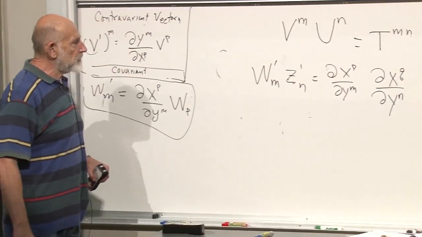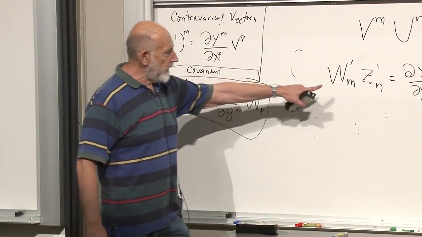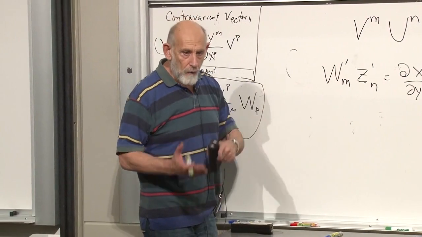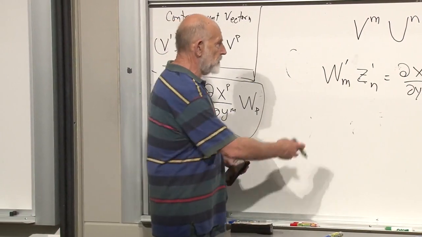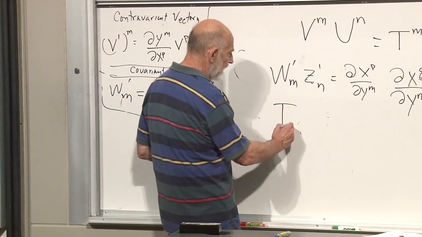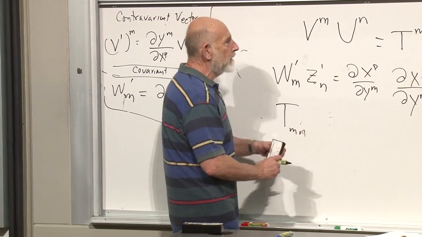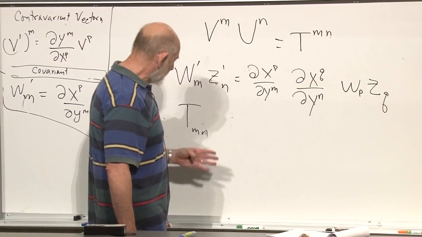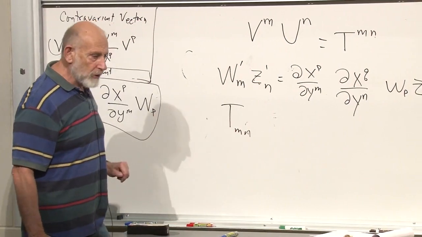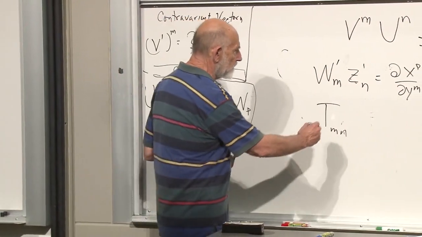All right, so here I've discovered a new transformation property of a thing with two covariant indices, two downstairs indices. Let's call it T_{mn}. It's a different object, just using T for tensor. A tensor with two lower indices. It transforms this way.